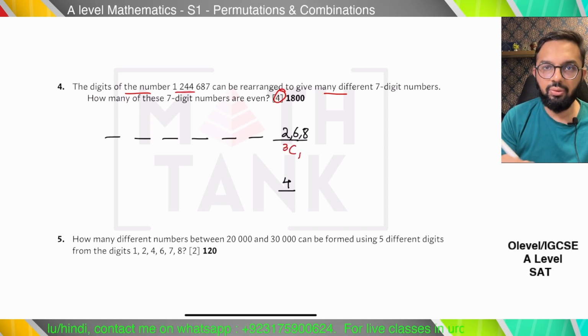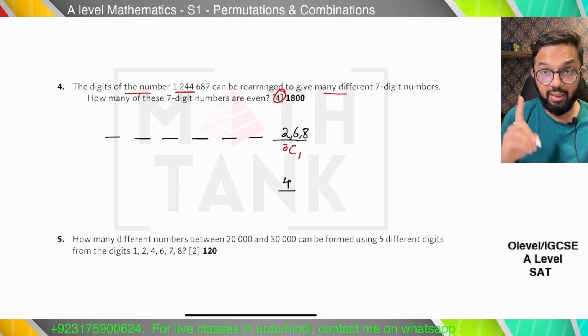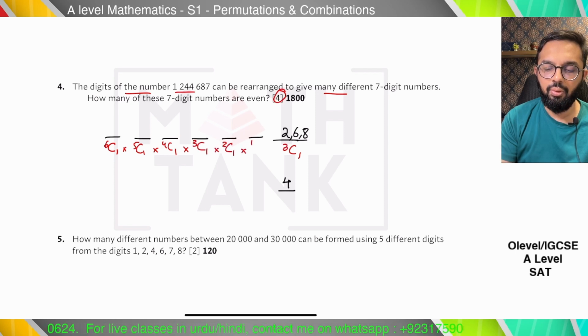Firstly, there are 3C1 choices here. There were a total of 7 numbers, so one went away. Therefore, 6, 5, 4, 3, 2, and 1.